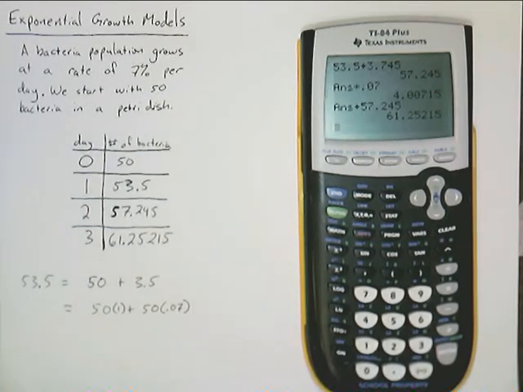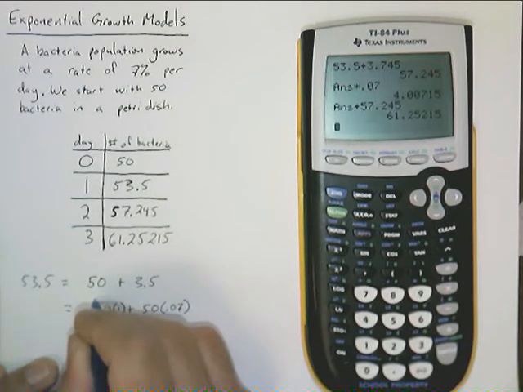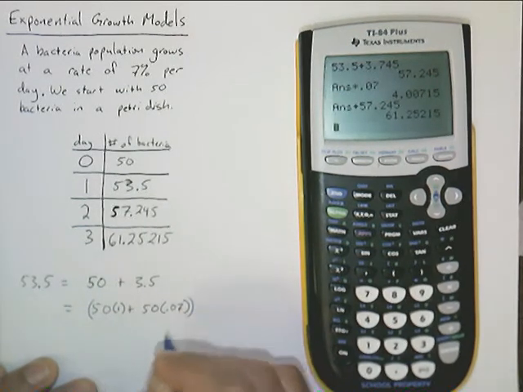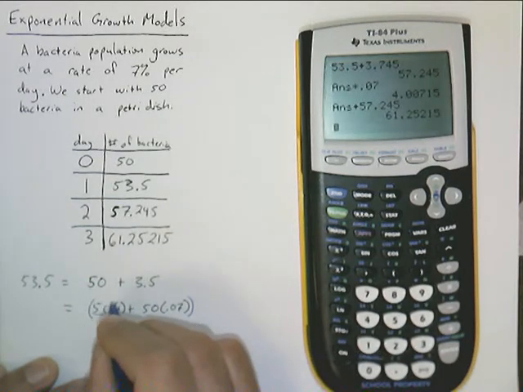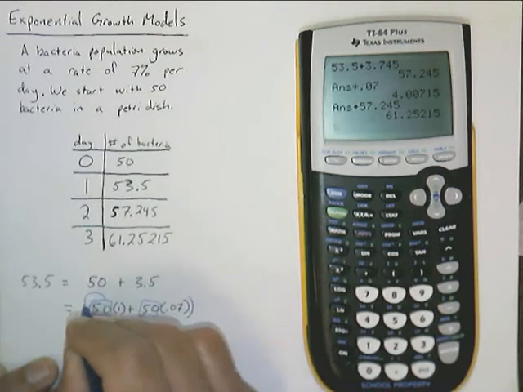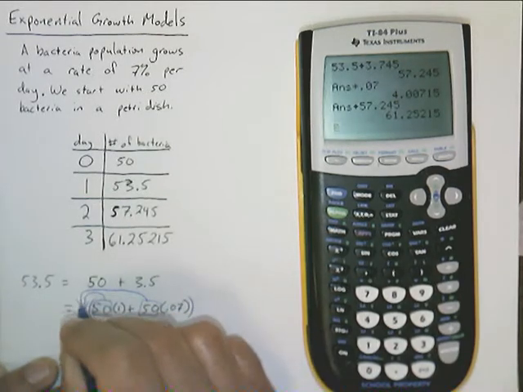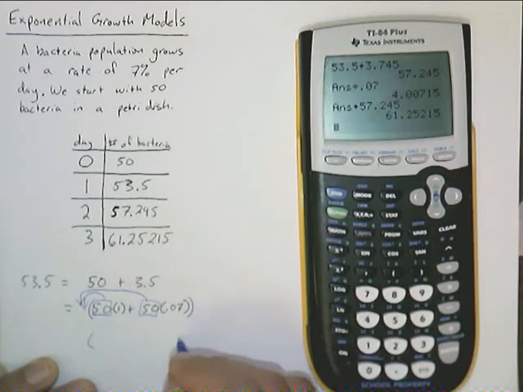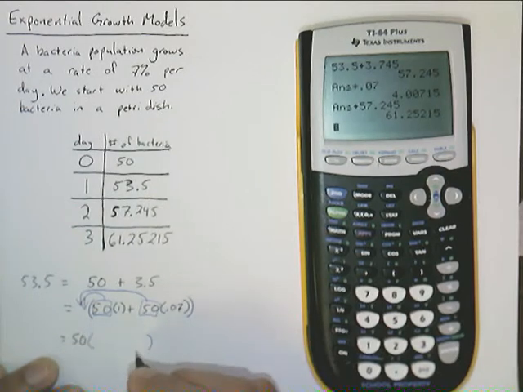But now what we want to do is think about the distributive property. We have a common factor of 50 here. So if we put parentheses around the whole thing, and then took this common factor of 50 in both terms, and instead of distributing it, we undistributed that 50 out to the front, then what we end up with is that common factor of 50 out here, and then inside we have this 1, our plus sign, and 0.07.